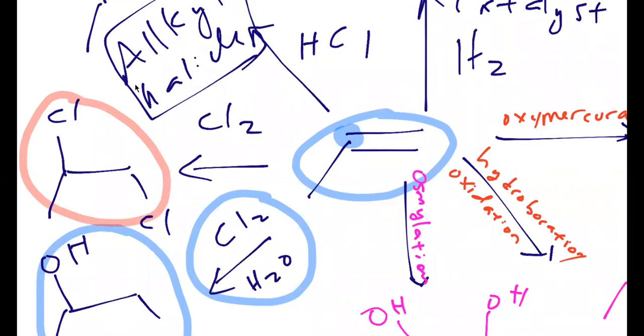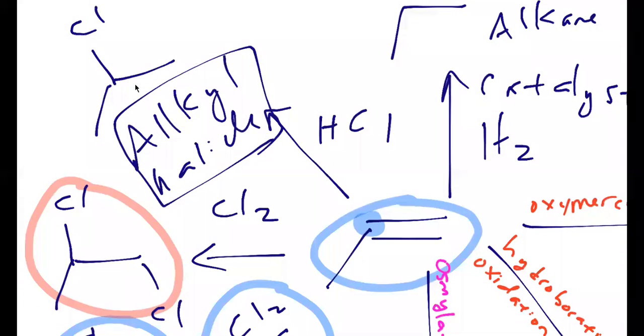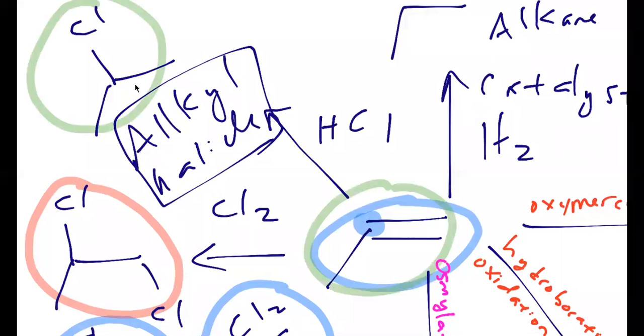That's common. For halogenation, when you add the two halogens to the alkene, they always end up trans. That's a key feature of that reaction. Now you took the alkene, added HCl to it, and then you got an alkyl halide.